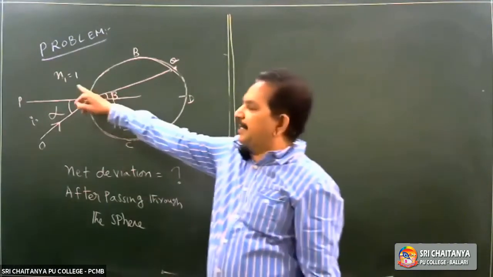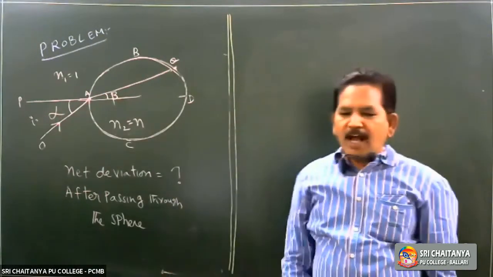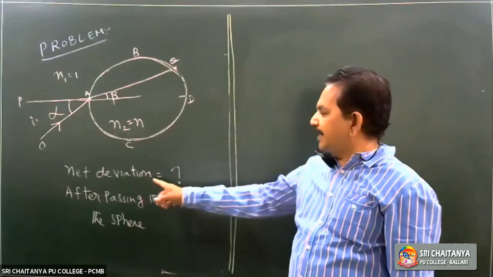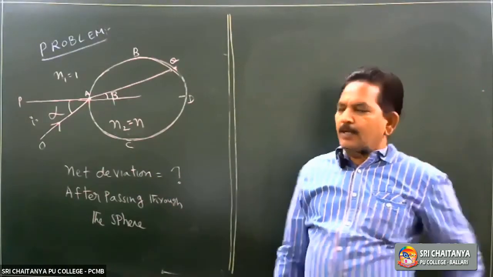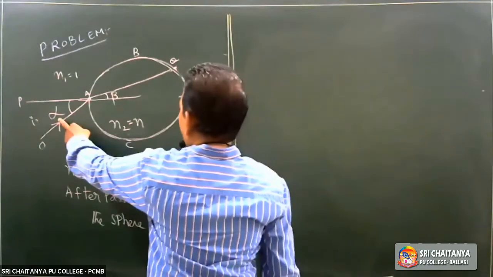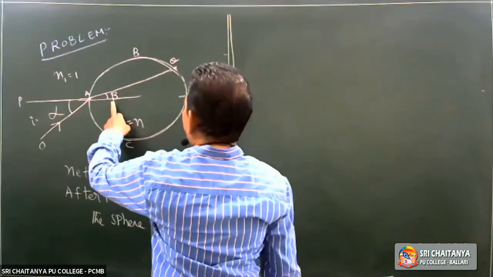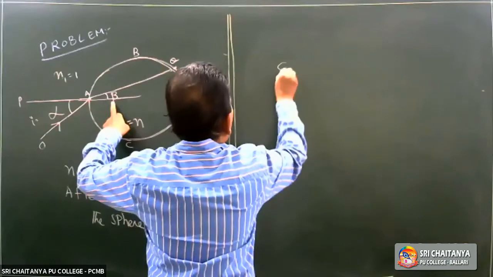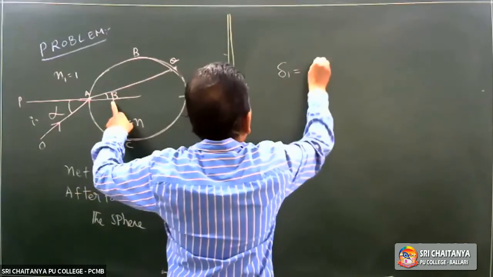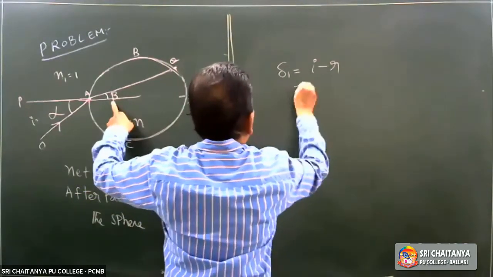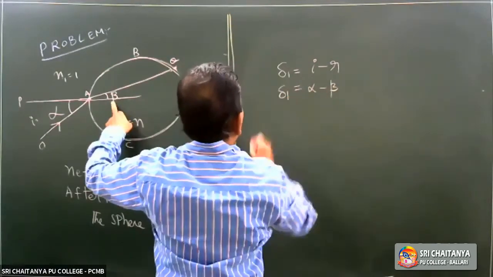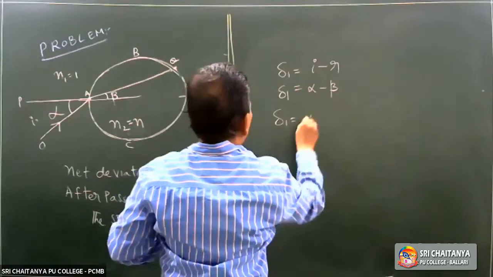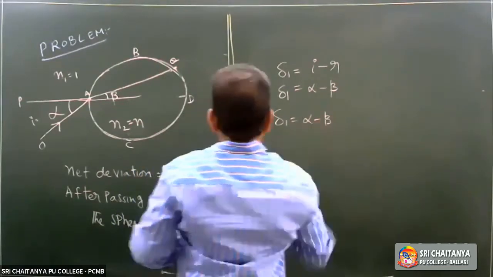You are asked to calculate the total deviation after passing through the sphere. What is the I value? Alpha. What is the R value? Beta. So delta 1 is equal to I minus R, which is alpha minus beta.